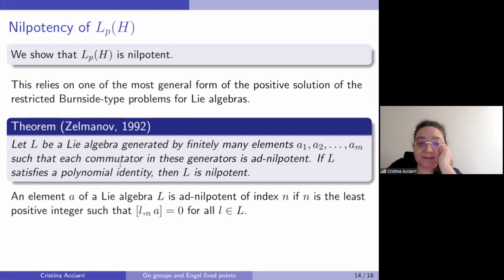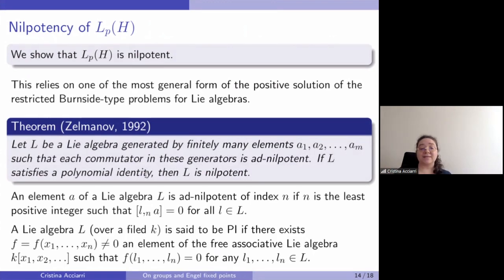Okay, so you are asking that your Lie algebra is generated by finitely many elements, and each Lie commutator you can produce with these generators will be a nilpotent element. Then you need a further hypothesis, that L satisfies a polynomial identity. What does this mean?